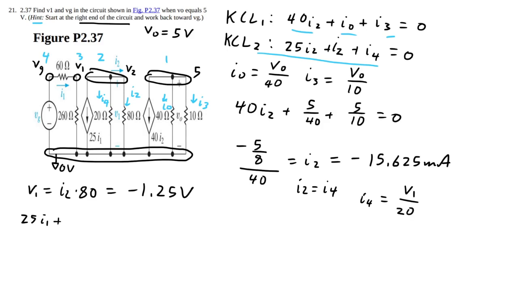So let's go ahead and put in minus 1.25 volts divided by 20 ohms, and plus the 15.625 milliamps. Do our whole KCL together, I'll be able to find I1.